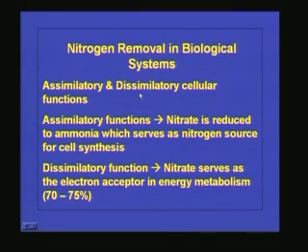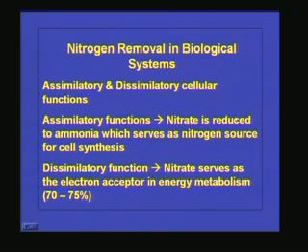The amount of nitrogen utilized for cell synthesis comes under the assimilatory category, and the dissimilatory one is utilized for purposes other than cell synthesis. It can be used for energy purposes or just removed from the system. That is what I have written here.